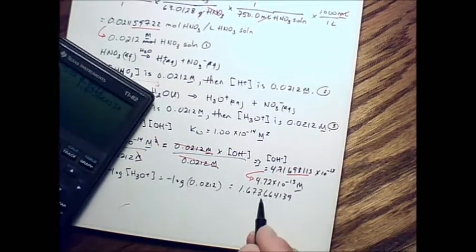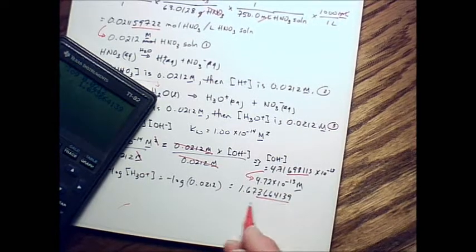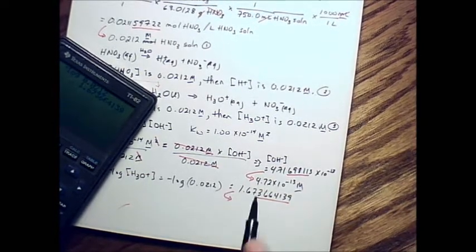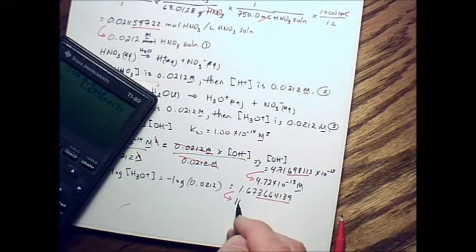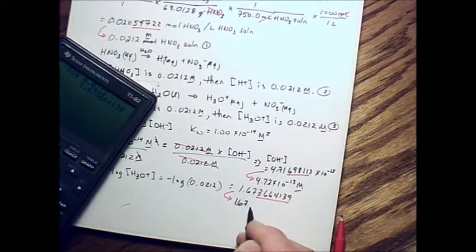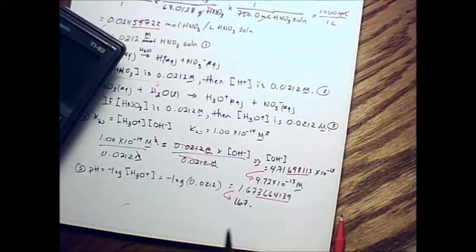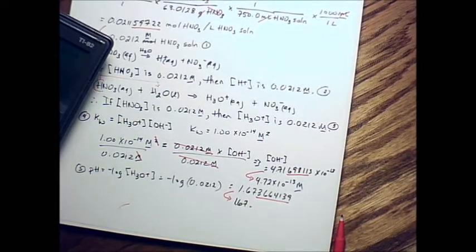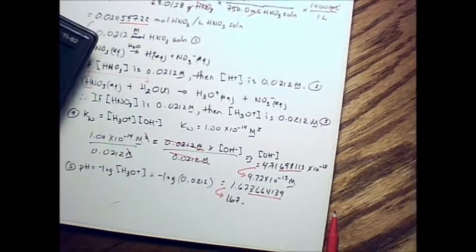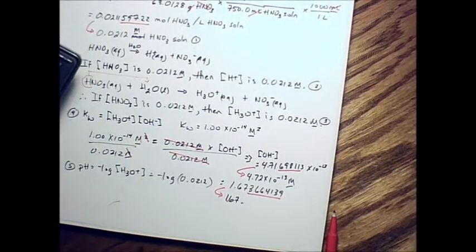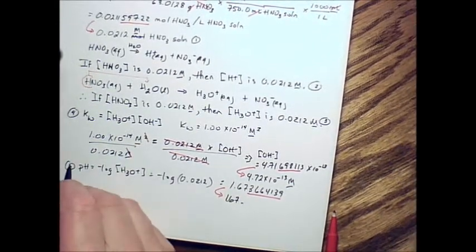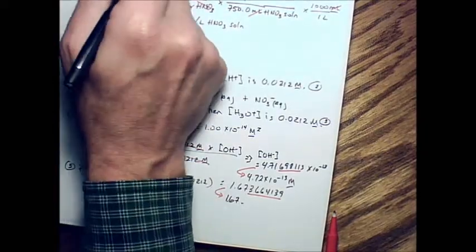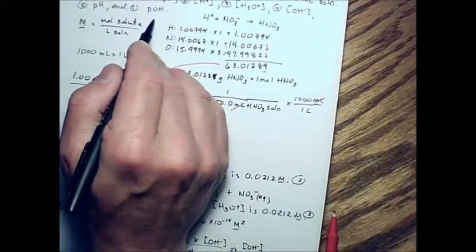Round that off to 3 digits. And we get a pH of 1.67. Okay. Now, there are no units on that, because remember, logarithms are exponents. And you don't have units, or at least at this point in time, we don't have any units on the exponent.